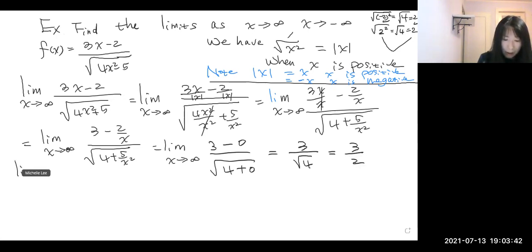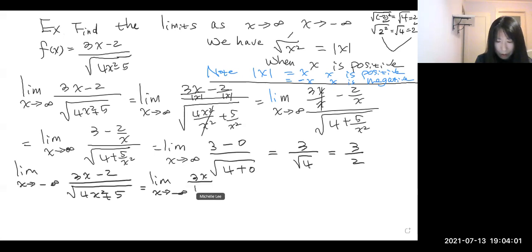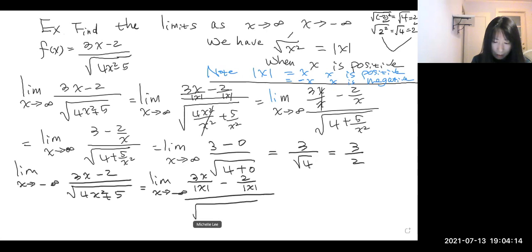How about when x approaches negative infinity, 3x minus 2 over the square root of 4x squared plus 5? Then let us use the same concept. So 3x over the absolute value of x, minus 2 over the absolute value of x, over the square root of 4x squared over x squared plus 5 over x squared.